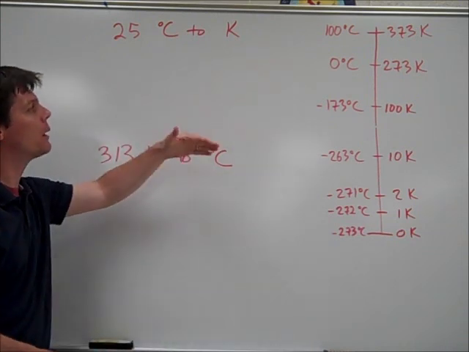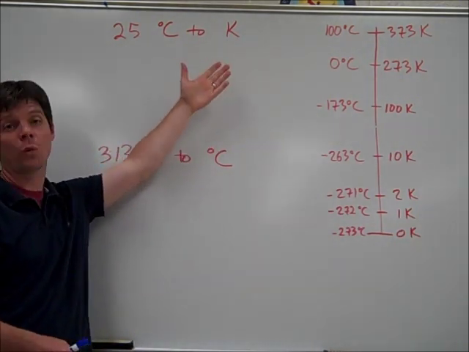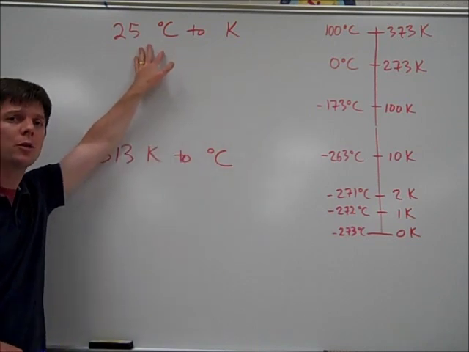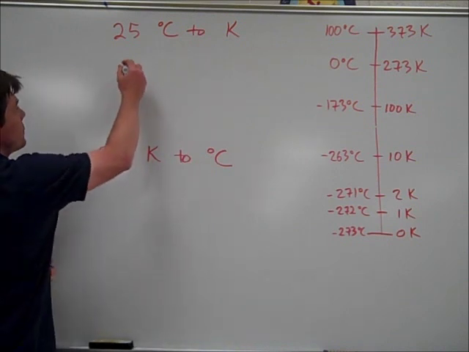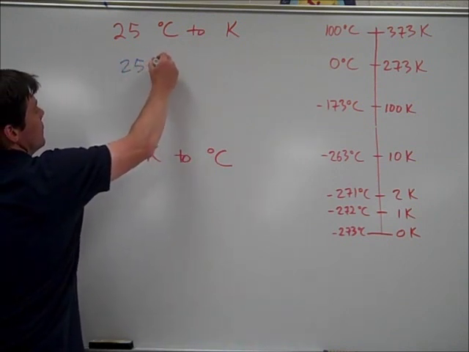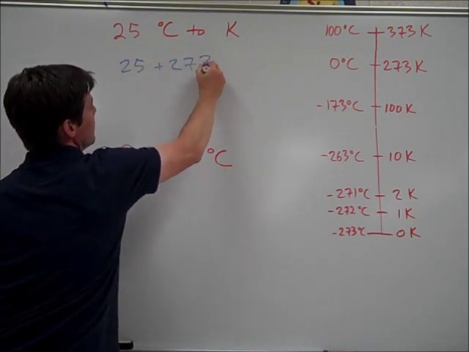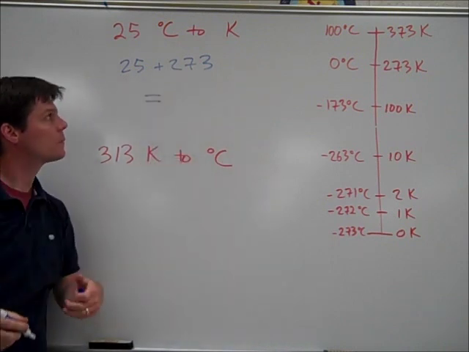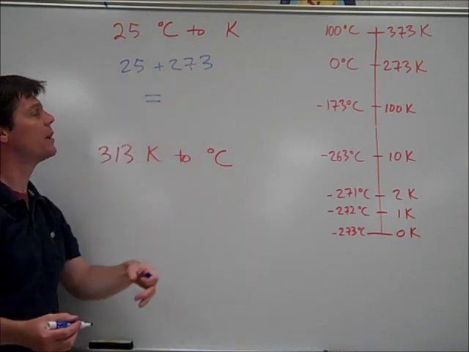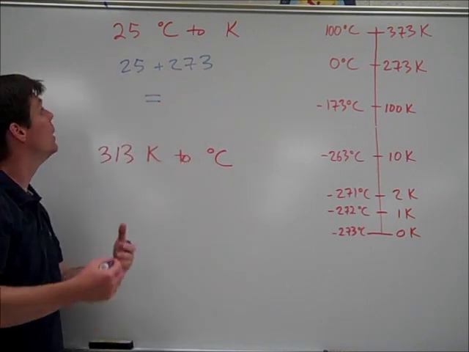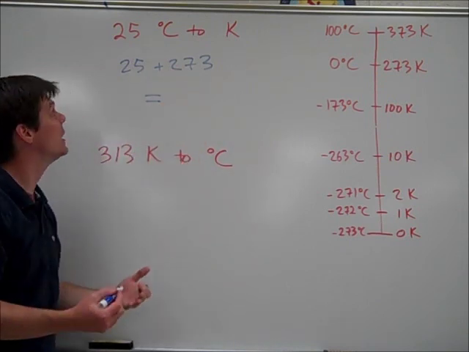Okay, so I know that I want to be between 273 and 373, so what do I need to do to 25 degrees Celsius? I have to add 273. So I can see that by doing this addition, 25 plus 273 is going to equal 298 Kelvin.